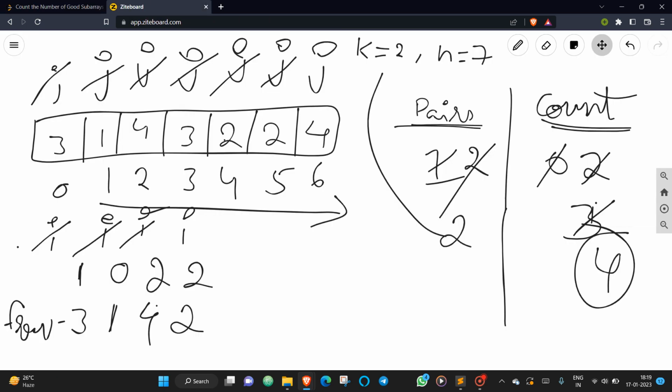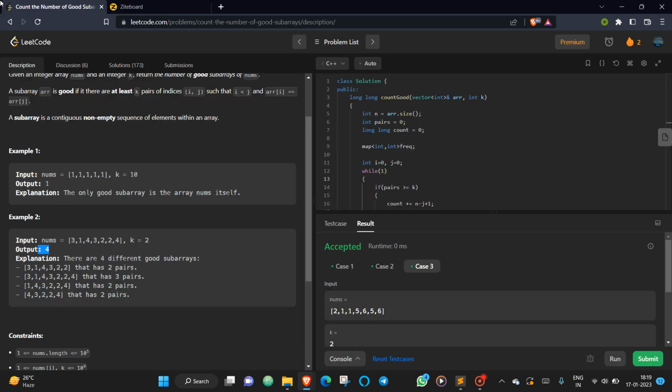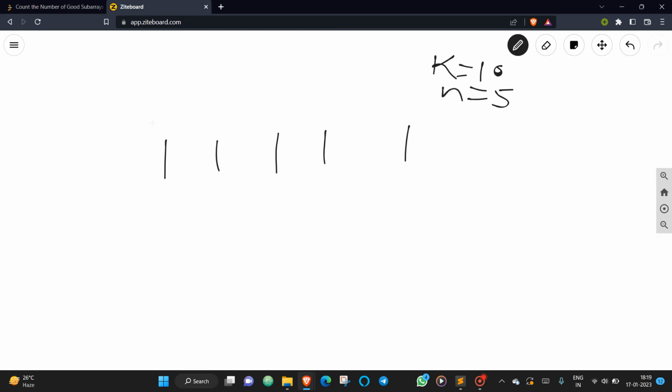See, I'll just explain the test case 1. Since it is having 5 ones, 1 2 3 4 5, our k equal to 10 and n equal to 5, right?